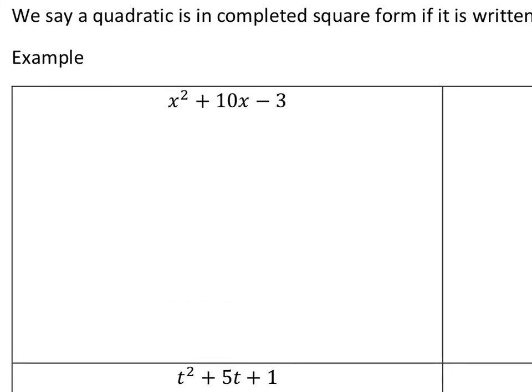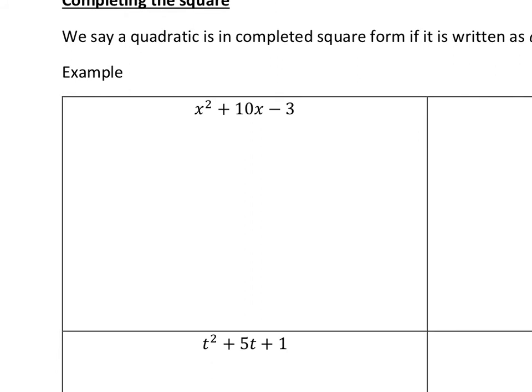So x squared plus 10x minus 3. Well, to complete the square, what I do is I half the value of b, so I get 5, and I put that in a square bracket. And that's because when you think about the binomial, if I expand it to something like x plus y squared, the binomial expansion tells me I get x squared plus 2xy plus y squared.